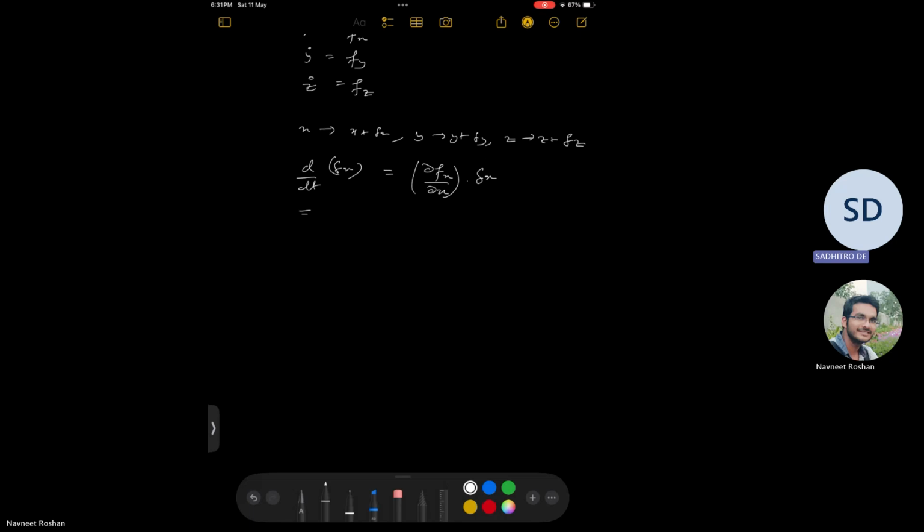So if you now solve this equation, you get delta x at time t is nothing but delta x at time t0, which is delta x naught, into exponential of del fx del x into t.